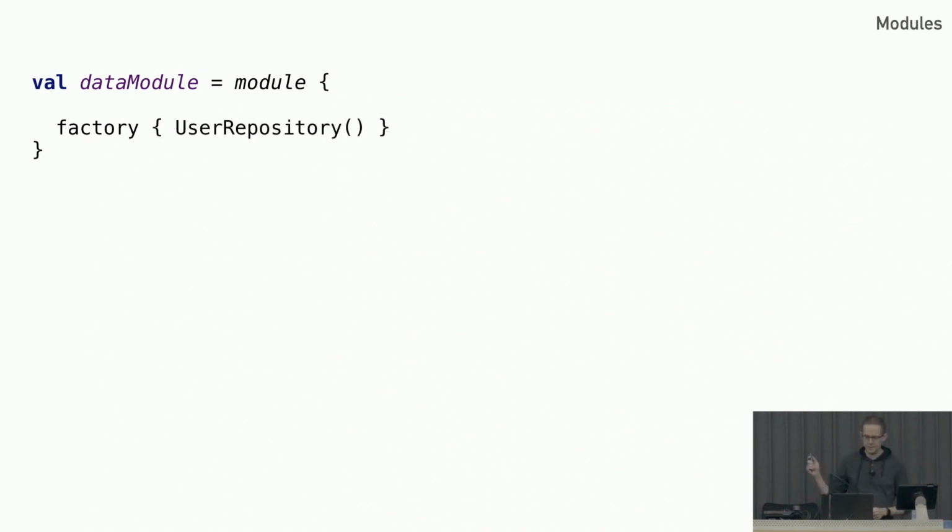So inside this module, you can declare a factory, which is another keyword in the DSL, and then you pass in the object that you want to create. So in this case, we're declaring a module which is capable of producing the user repository. By calling it a factory, it's going to create a new instance of the user repository every time it's accessed.